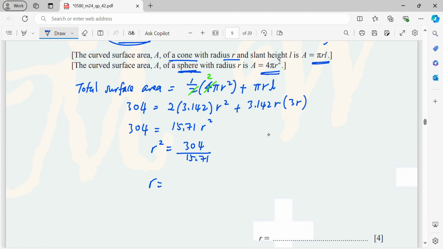So r is the square root of 304 over 15.71, which is 4.3989. Rounding to 3 significant figures, that will be 4.40. So this is the solution for this question.